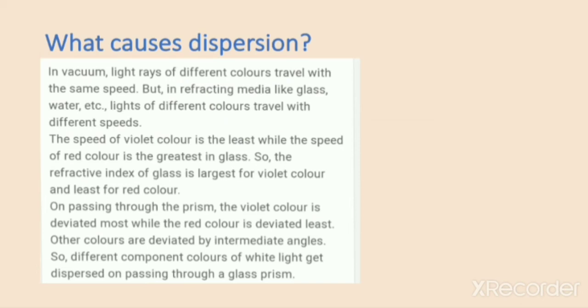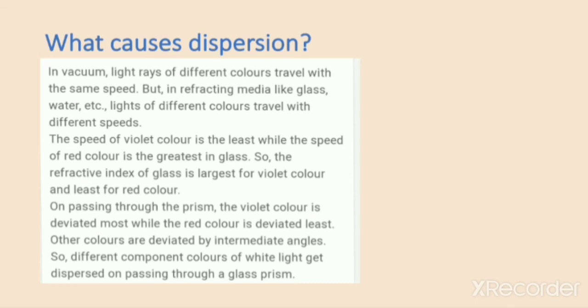Now the speed of violet color is least, while the speed of red color is greatest in glass. Why? Because, as I told you, violet color has the least wavelength and red color has the maximum wavelength. So the speed is less for violet and maximum for red. So the refractive index of glass is largest for violet color and least for red color.